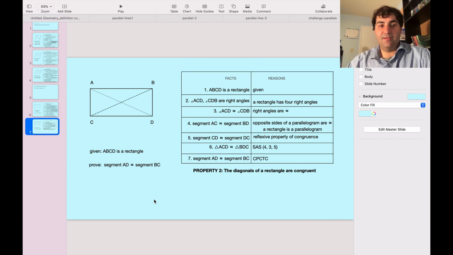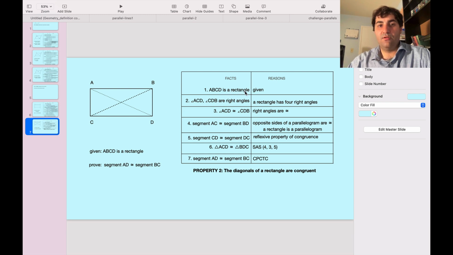Okay, so this is going to be the last thing I want to go over. So we're given that ABCD is a rectangle, and I want to prove that segment AD is congruent to segment BC. So I start off with what I know.